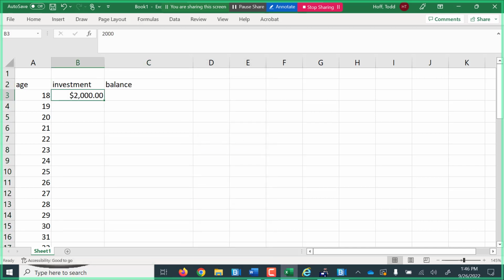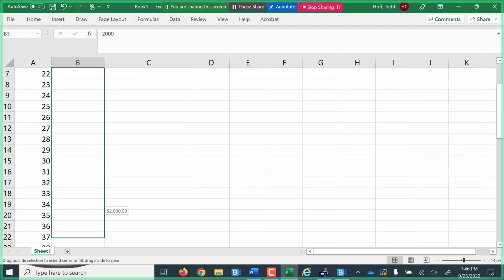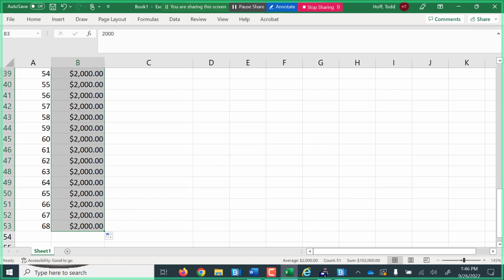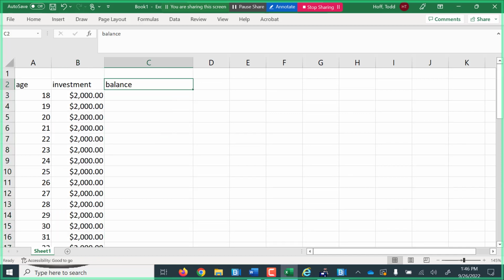So we're going to invest that $2,000 a year, not just once at 18, but every year until you retire at 68. So we have that amount. And let's fill this down.